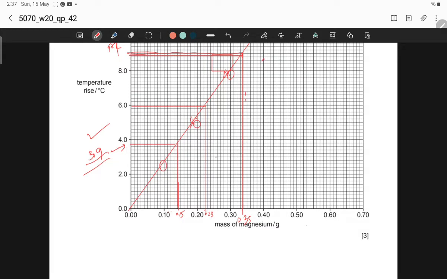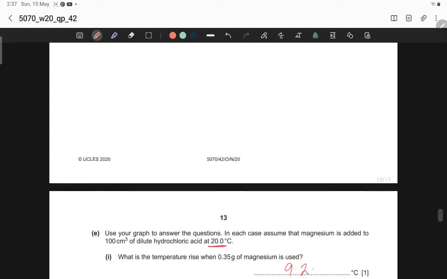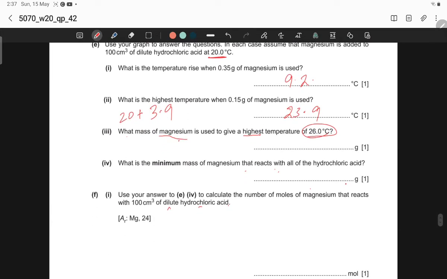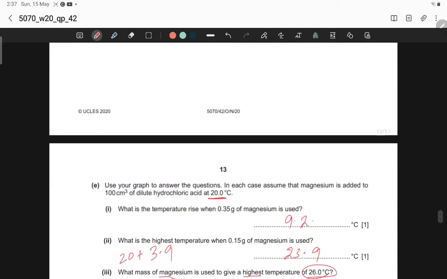We extrapolate on the graph. So 26 degrees centigrade, with an initial temperature of 20 degrees centigrade, is a rise of 6 degrees centigrade, and this is 0.23 gram. What is the minimum mass of magnesium that reacts with all of the hydrochloric acid?